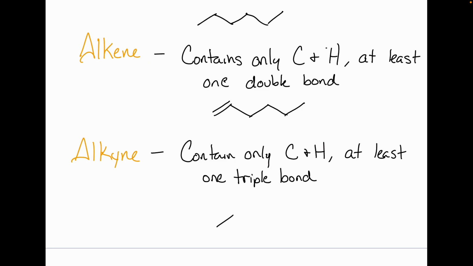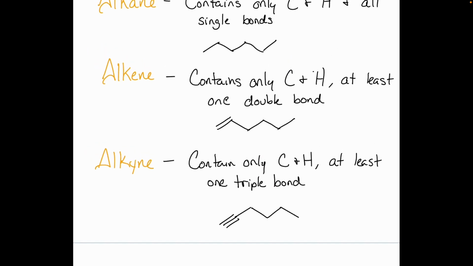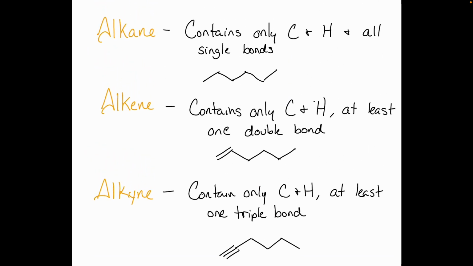An example would be something with a triple bond. Remember that we draw those triple bonds in a linear fashion. So this would be a 6-carbon alkyne. Notice that our suffix is changing: alkane, A-N-E; alkene, E-N-E; and alkyne, Y-N-E.